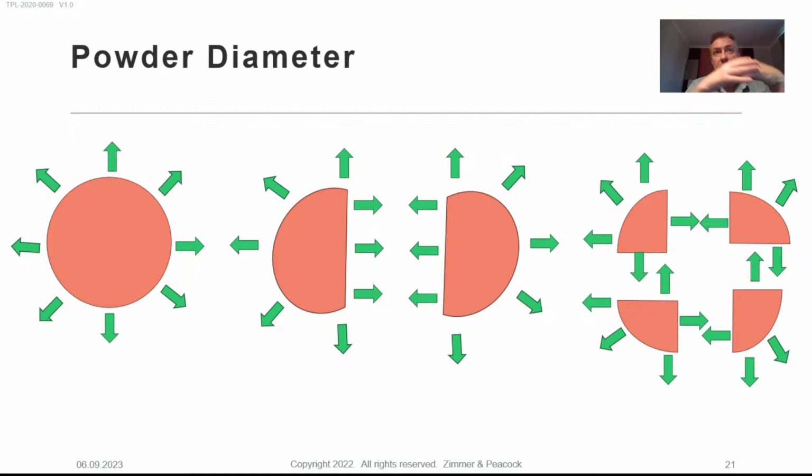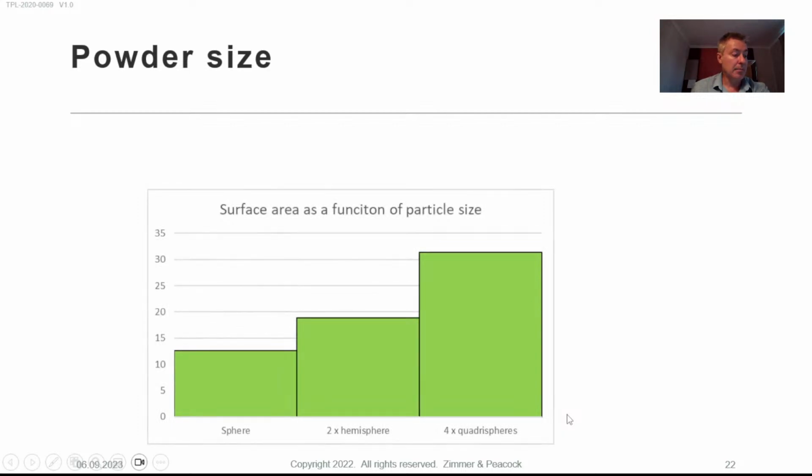At ZP, we want to give people fast, quantifiable results, but we do understand that different powders can have different coarseness or granular sizes in them.